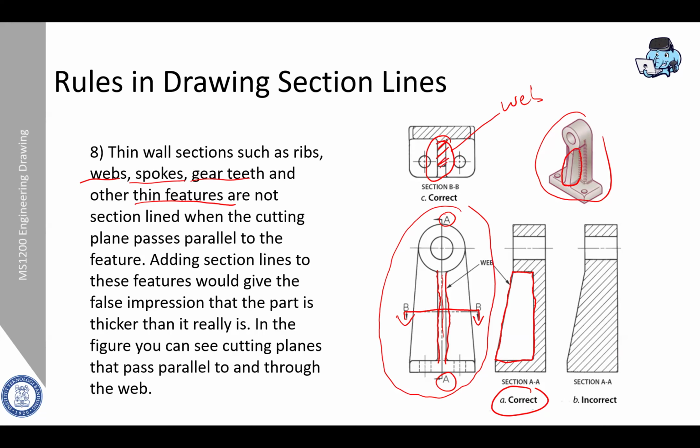Tapi kalau yang AA ini section plane-nya paralel dengan webnya, jadi kita nggak gambar arsirannya. Nah, makanya kalau yang ini incorrect. Salah. Baik, that's all. Ada pertanyaan, silakan.